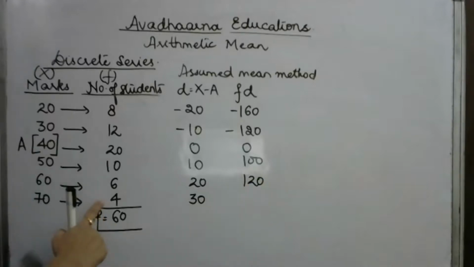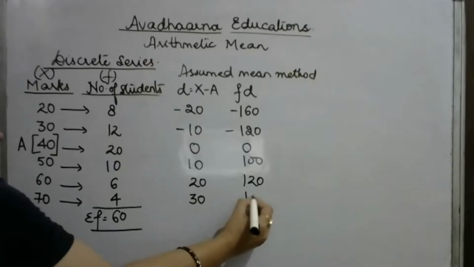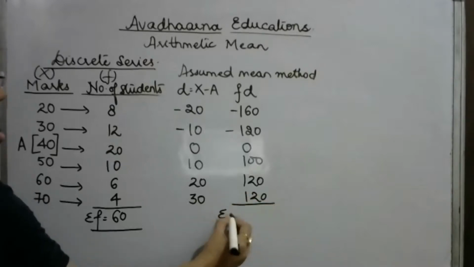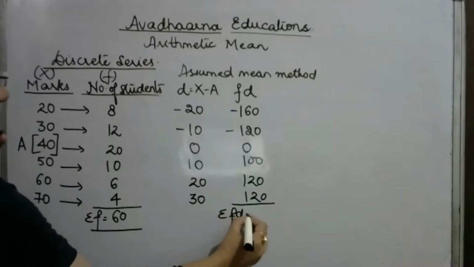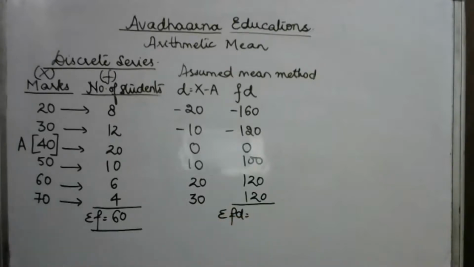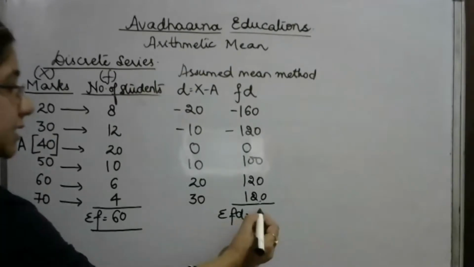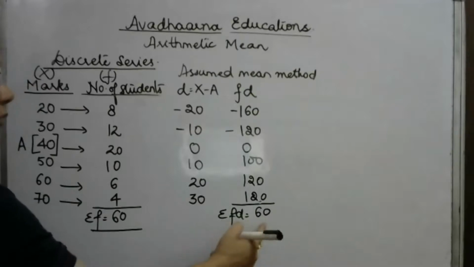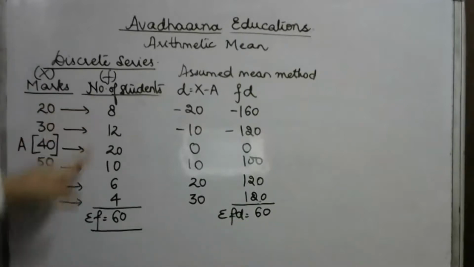And then 4 multiplied by 30, it is also 120. Now we are going to take the summation FD. Summation FD is equal to 60 and summation F is also 60.